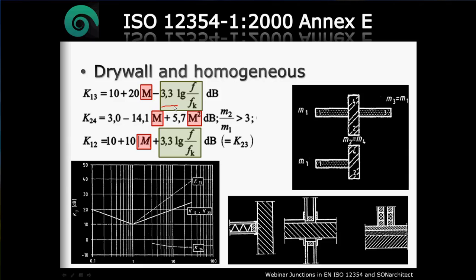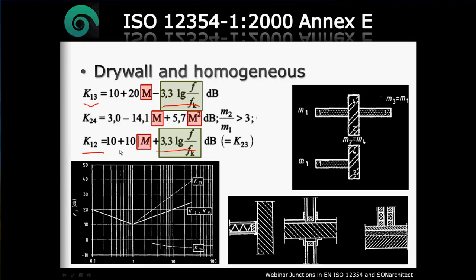In this case, for the vibration reduction index from 1 to 3, the relation is negative, so we will find that the vibration reduction index goes down while the frequency goes up. And for the case of the K1, 1 to 2, the vibration reduction index increases with frequency. Okay, we will see these effects later on with SONarchitect.